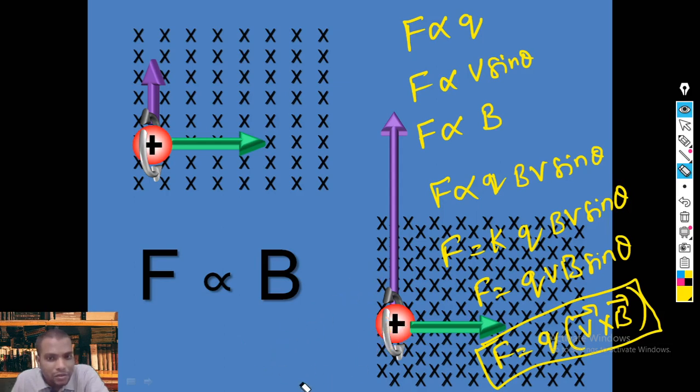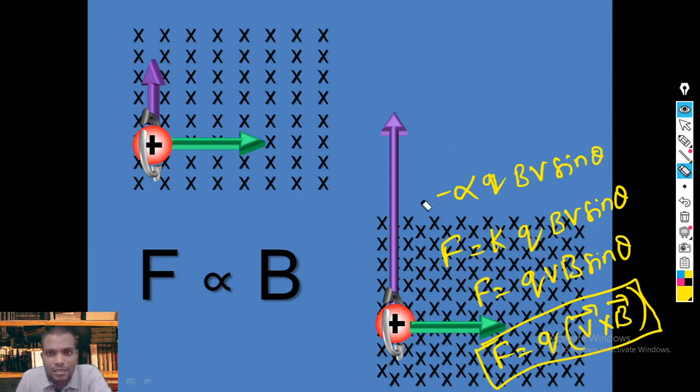So this is the magnitude of the force on a moving charge in a magnetic field.